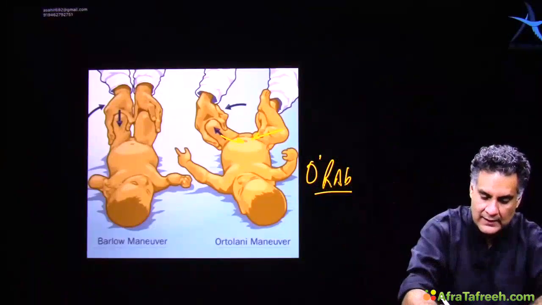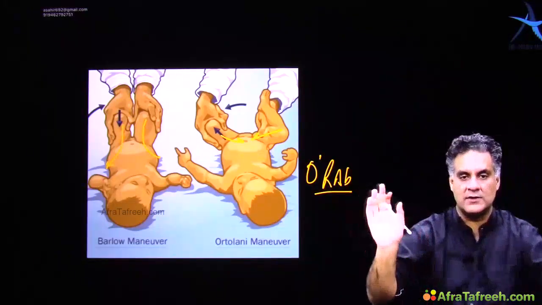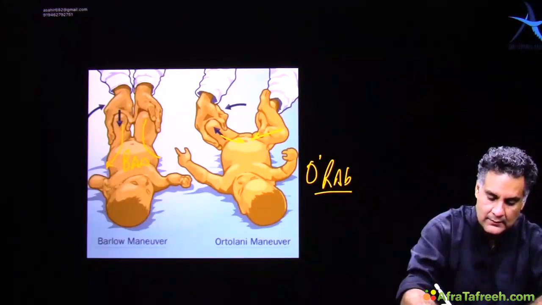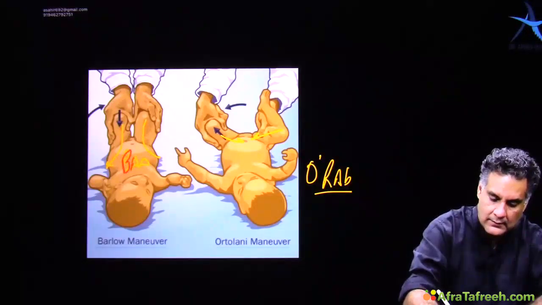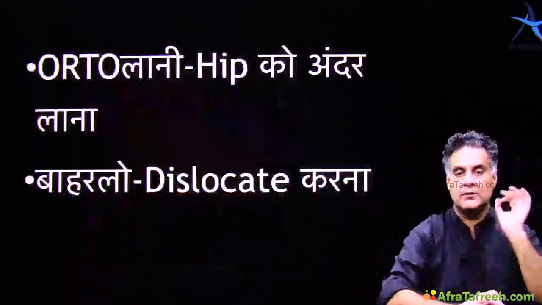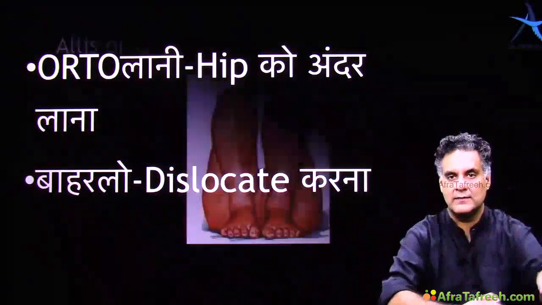Whereas when you adduct, the head goes out. DAD, dislocation on adduction. Barlow's maneuver, bad. So DAD is bad. Dislocation on adduction, bad. So Ortolani, bringing the hip in; Barlow, taking it out, dislocated.